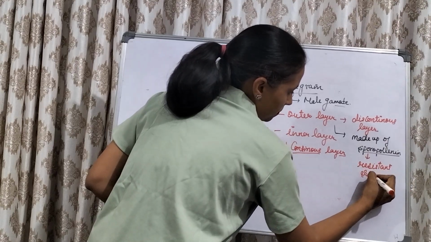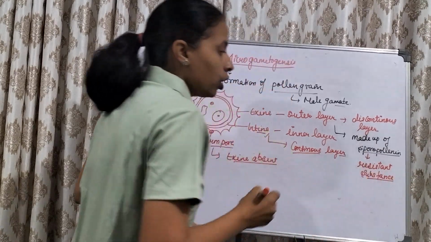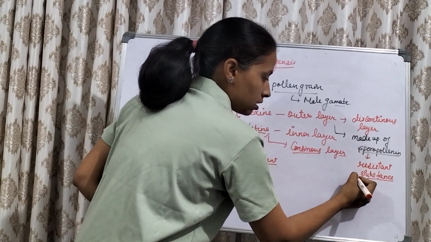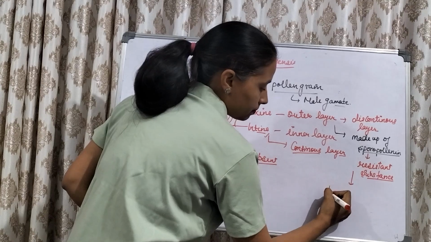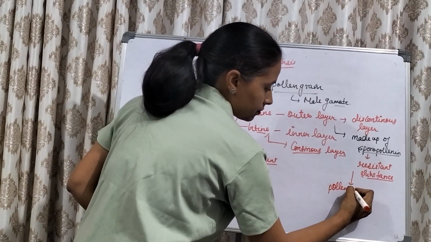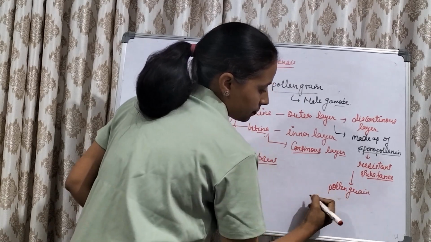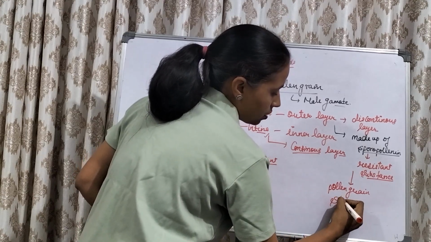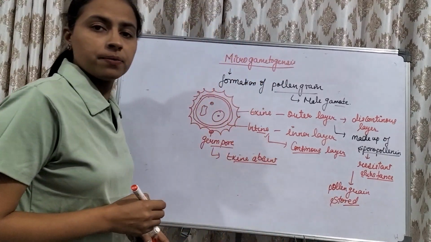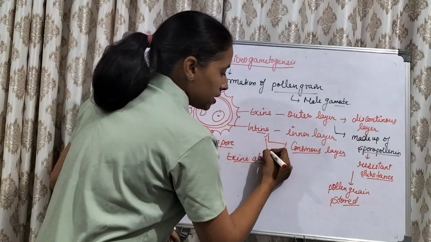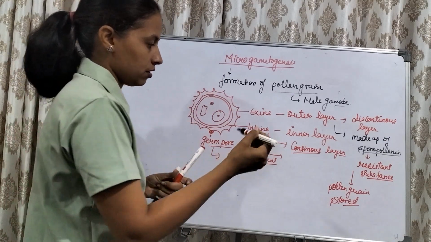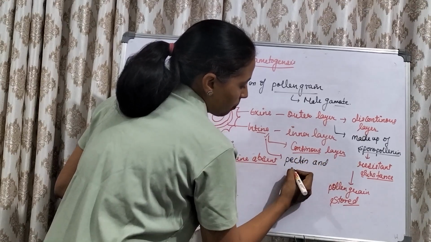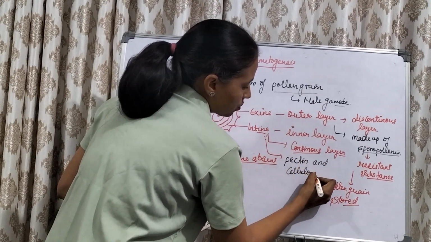Due to the presence of sporopollenin, the pollen grains are preserved. The intine is made up of pectin and cellulose.